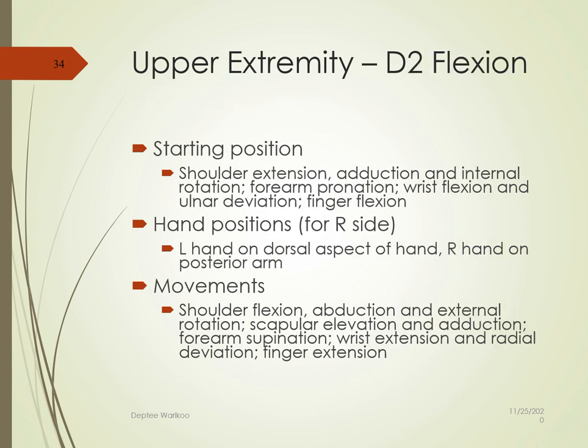Now upper extremity D2 flexion will start with shoulder extension, adduction, internal rotation, forearm pronation, wrist flexion and ulnar deviation. Okay?